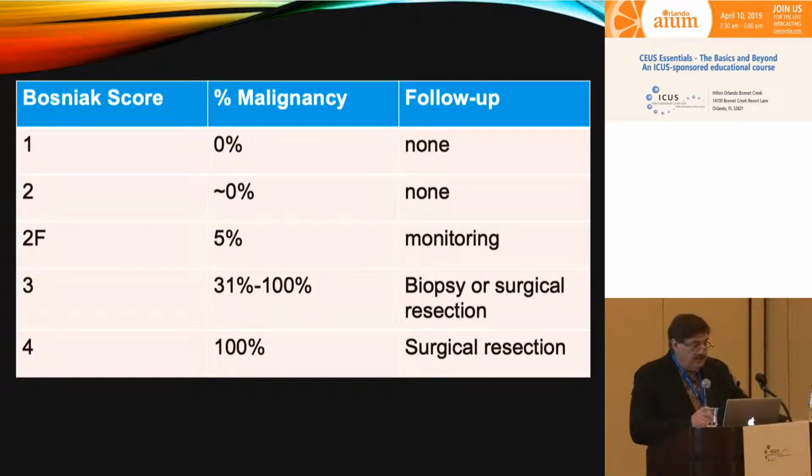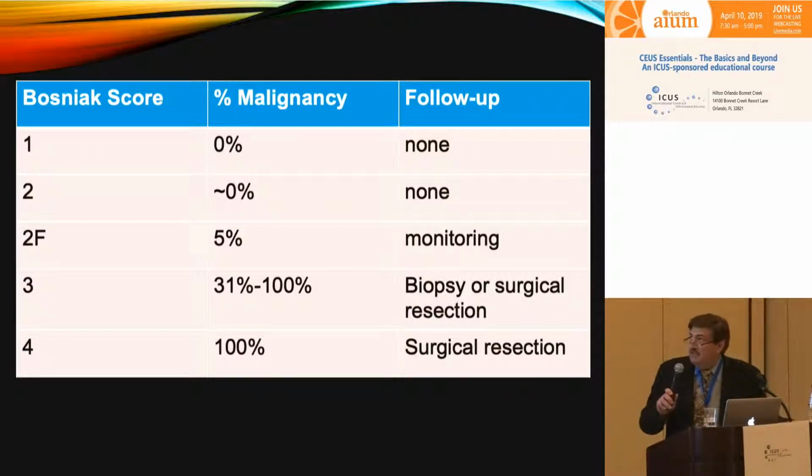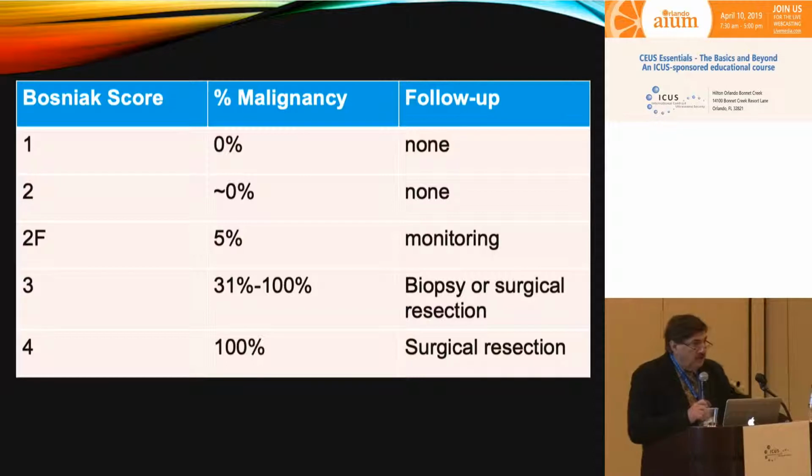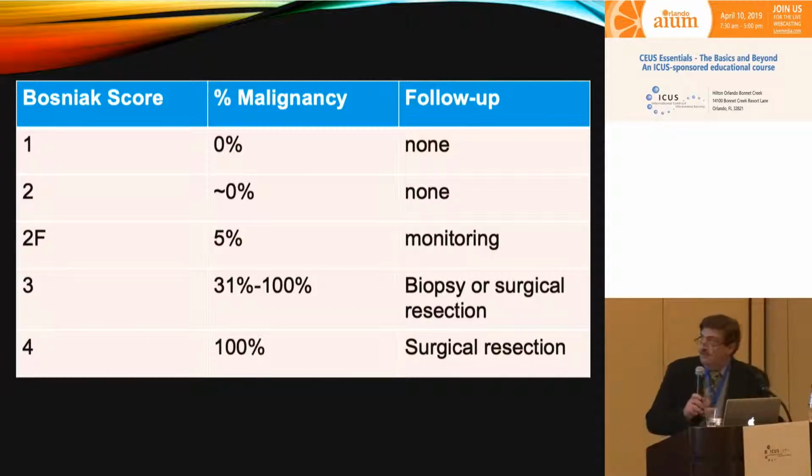If we look at the Bosniak score in the literature, you can see that Bosniak 1s basically have no probability of malignancy. The 2s are very small, and both the 1 and 2 usually do not require any follow-up. The 2Fs, which are a little bit more complicated, have a 5% chance of malignancy, and are usually followed by monitoring.